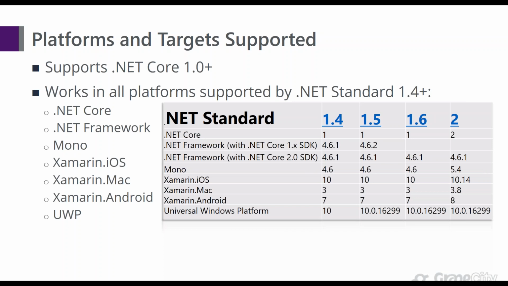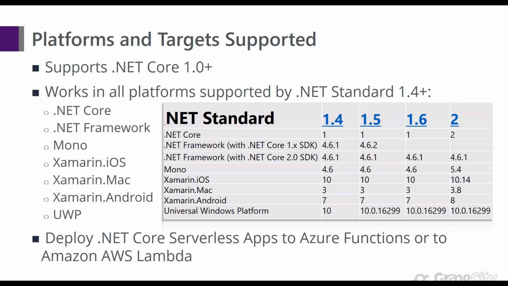And it does work in .NET Core 2, just as well as it does in .NET Core 1. So that includes .NET Core, .NET Framework, all Mono, all the different flavors of Xamarin, and Universal Windows Platform. You can also deploy .NET Core 2 serverless apps to Azure Functions or Amazon AWS Lambda.